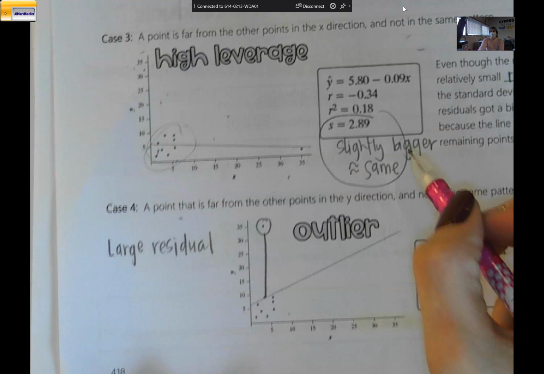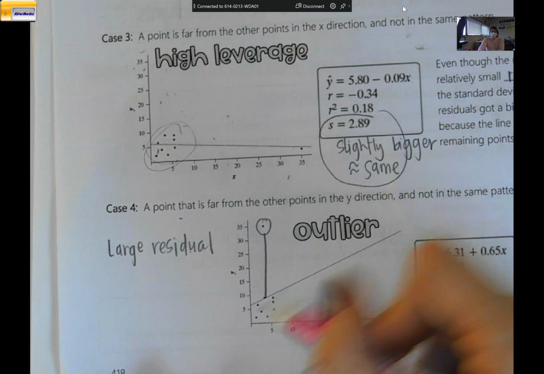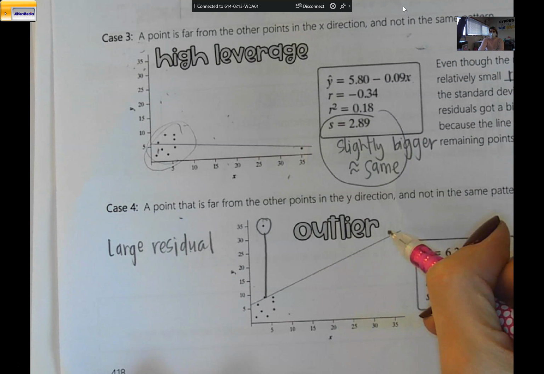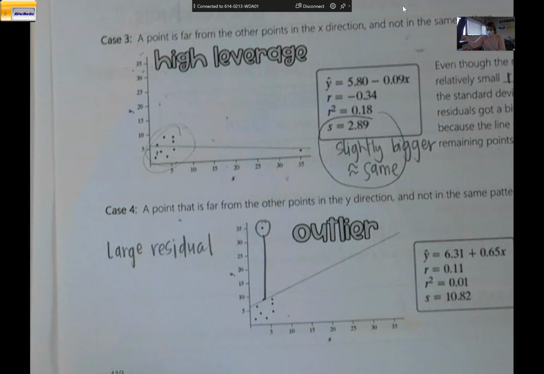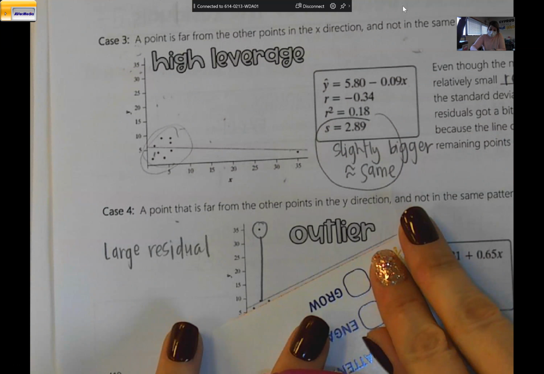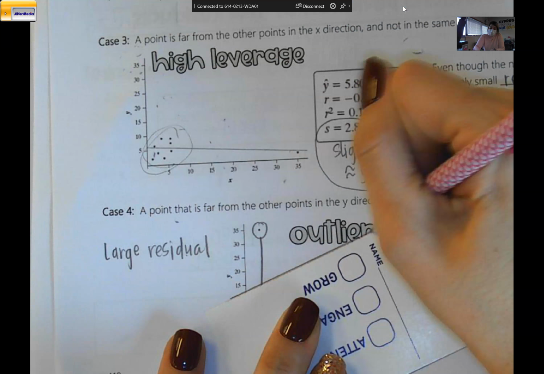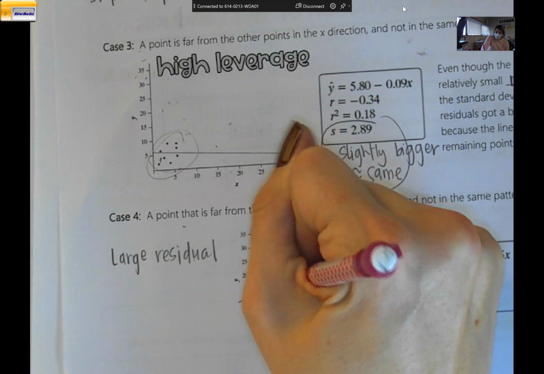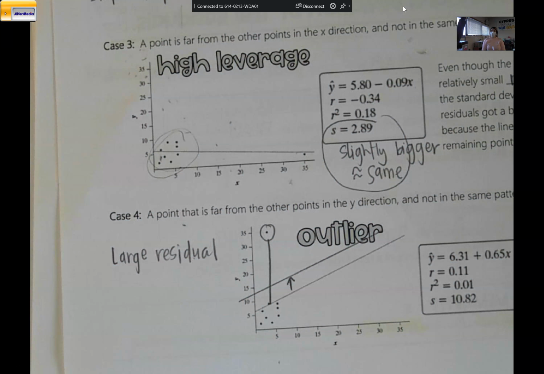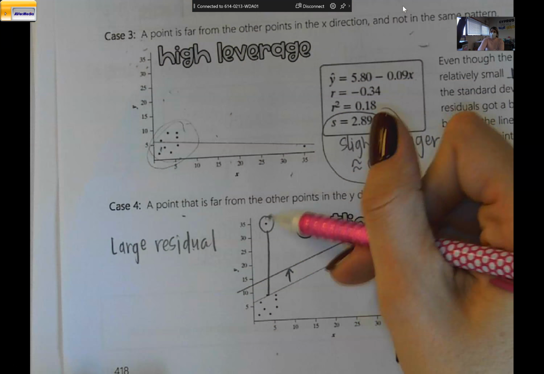So here's what happens to the line, and I think that this is very interesting. It doesn't change the slope of your line. It moves your line up. So the line has the same slope, but that Y value pulls the line up toward it. So slope stays the same because this has a reasonable x value.